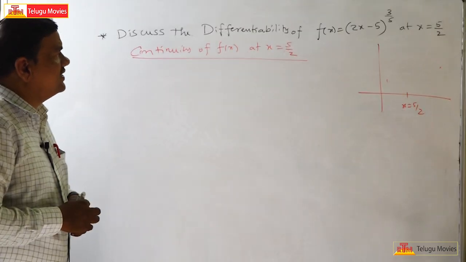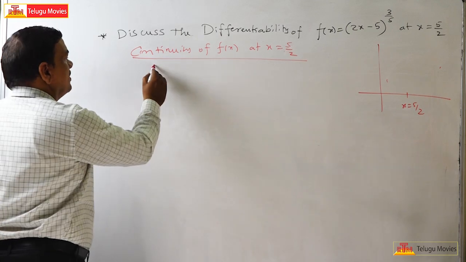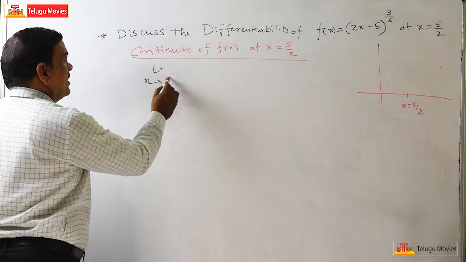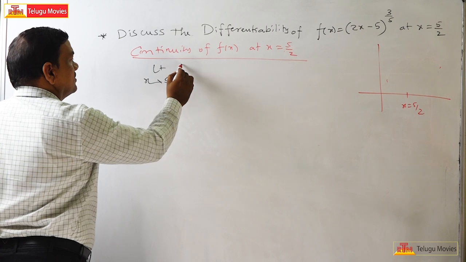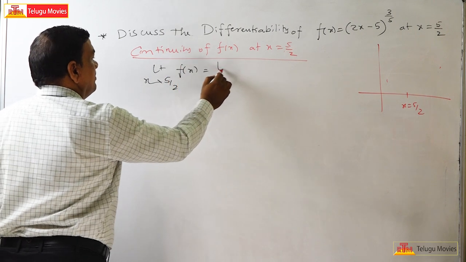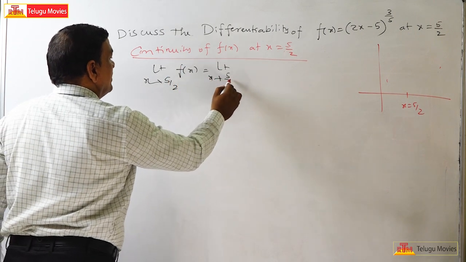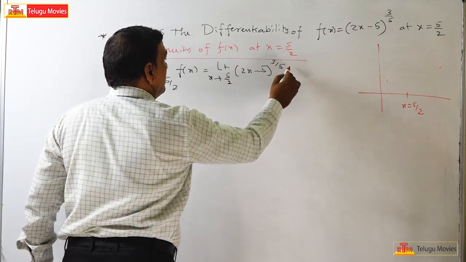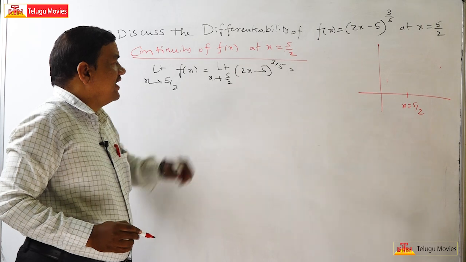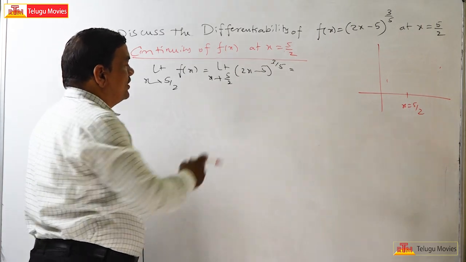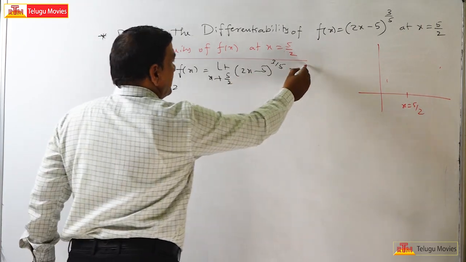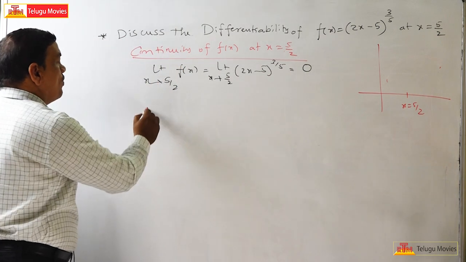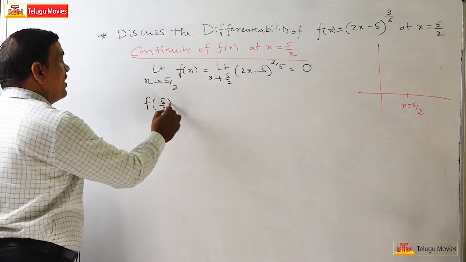Clearly see here, limit x tends to 5 by 2 of f of x. How much? Limit x tends to 5 by 2 of (2x minus 5) whole to the power of 3 by 5. Wherever x is there, substitute 5 by 2.